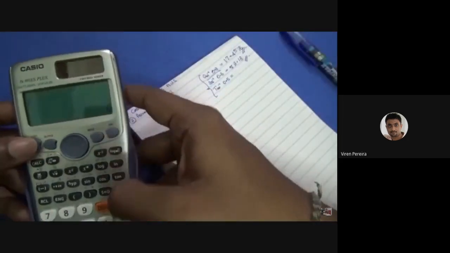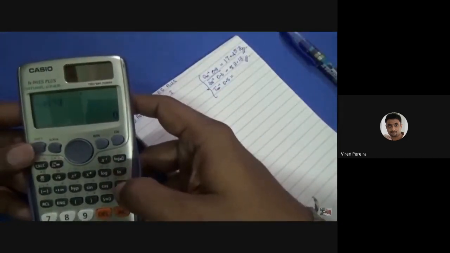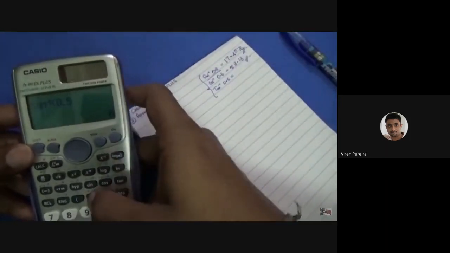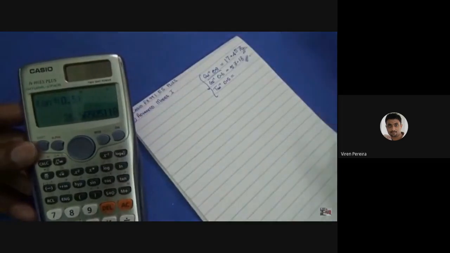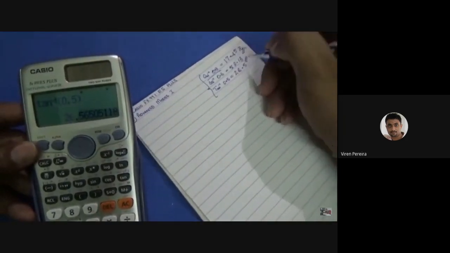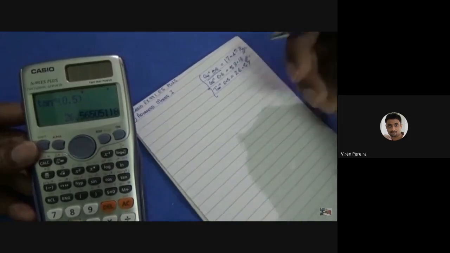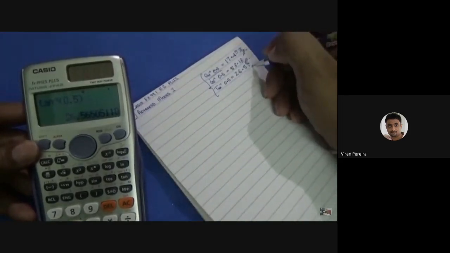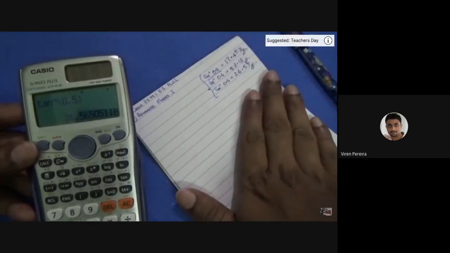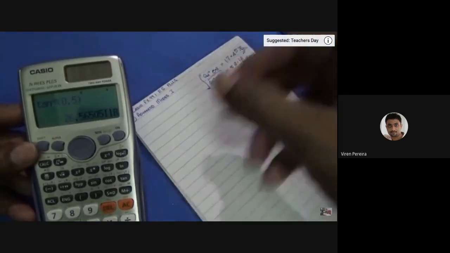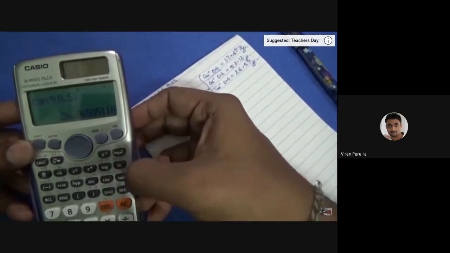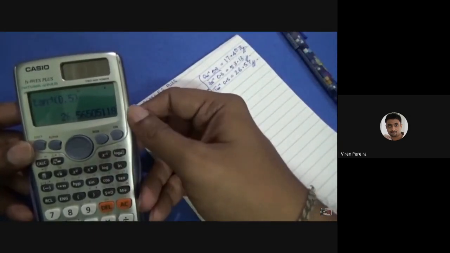So again I press shift, tan inverse of 0.5. So 0.5 close bracket, and I press equal to, so I get a value of 26.57. So these are basically the values that I have got. So I can even get sine inverse, cos inverse and tan inverse as well.